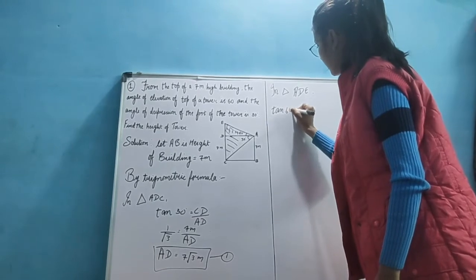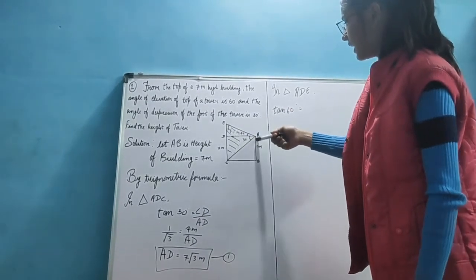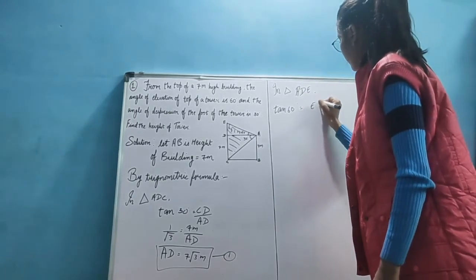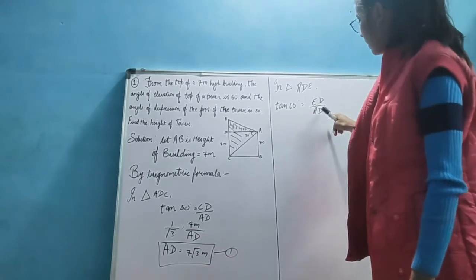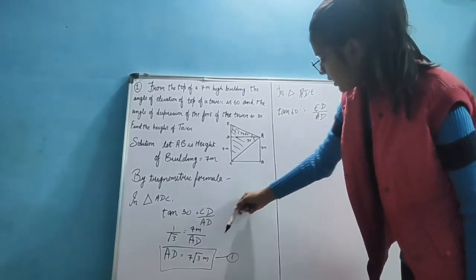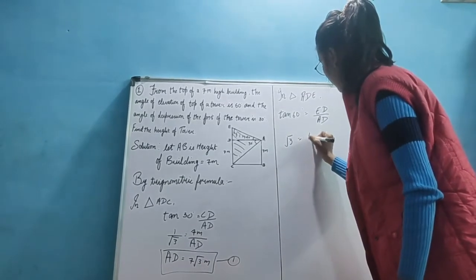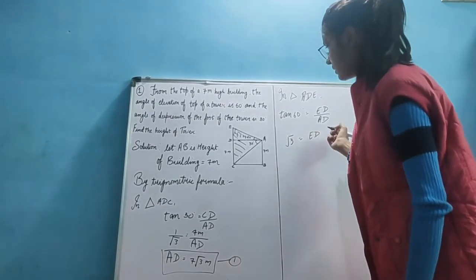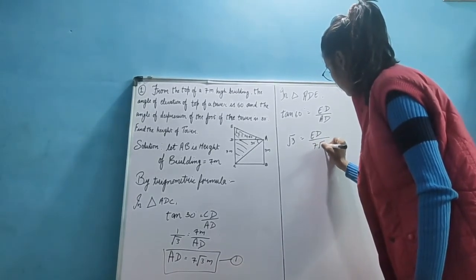Tan 60 degree is equal to perpendicular upon base, and the perpendicular is ED and base is AD. AD we know is 7 root 3 meter and tan 60 is root 3. AD is 7 root 3 from equation 1.